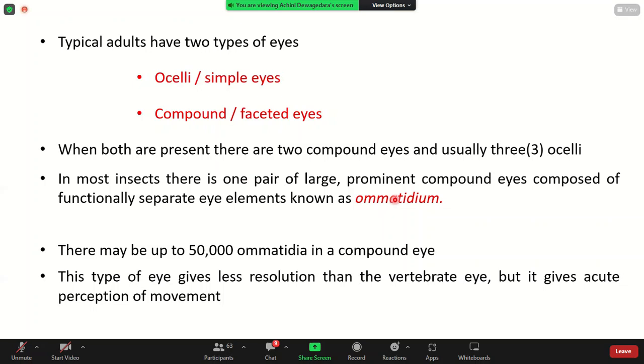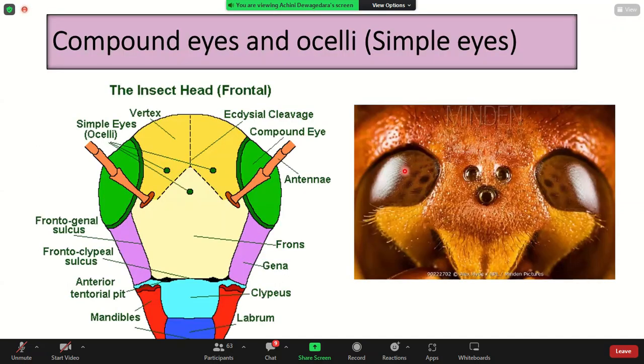So the compound eyes are made of small separate eye elements called ommatidia, right? About 50,000 of these ommatidia are present in one compound eye. Those simple small structures, the eye elements, are called as ommatidium.